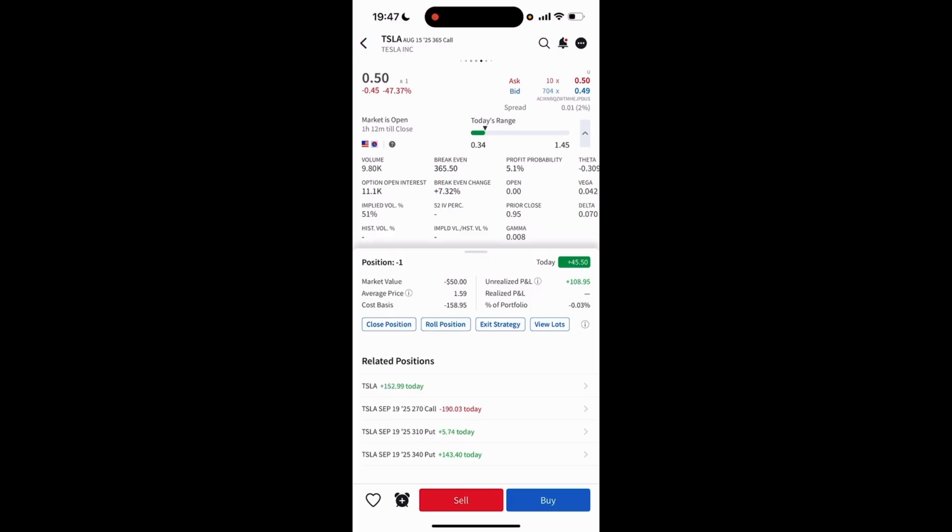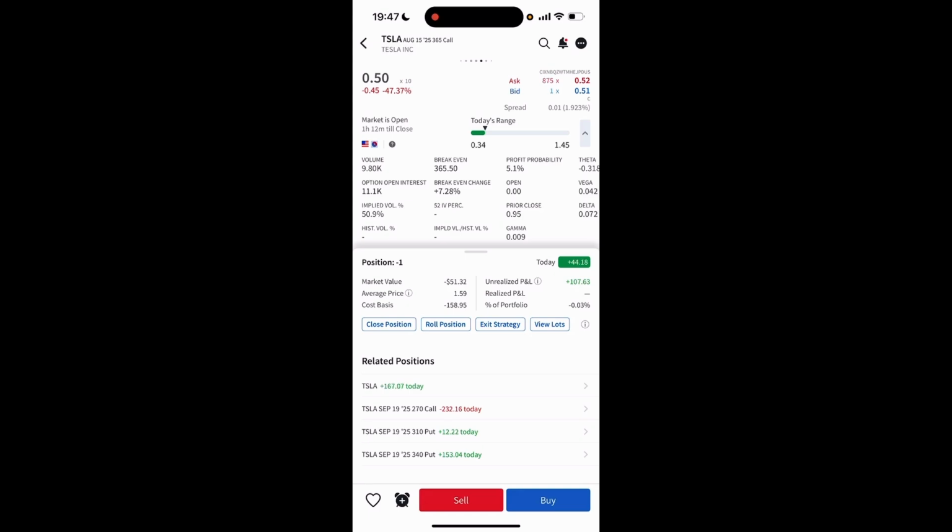So there's only $50 left, and there's no point me holding the position all the way to expiration for that $50. So I've decided, because I've made the $107, which is 70% of the position, there's no point me holding it for an additional $50 and having all that risk on the table.